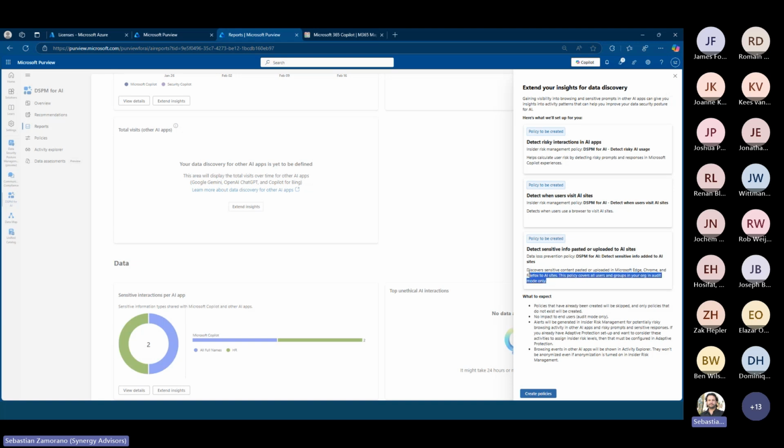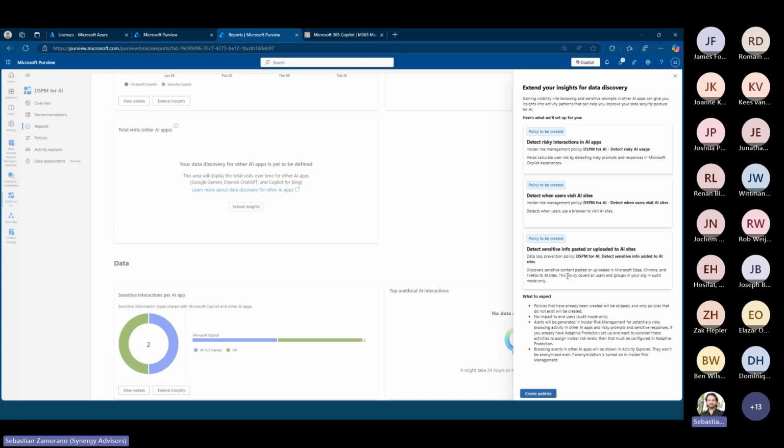And here, again, take care because these work with endpoint DLP, and endpoint DLP today only supports add-ons for Chrome, Firefox, and Safari.